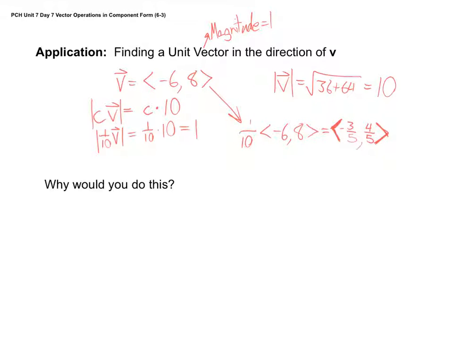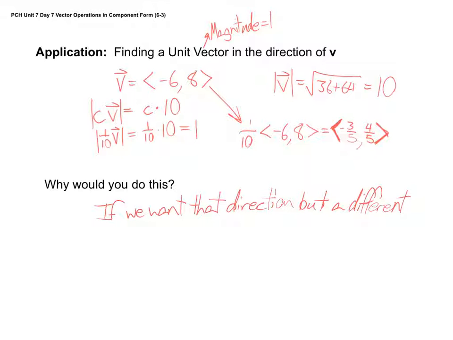Wait, say that again. Why are you multiplying by 18? Okay? If we want that same direction, but a different magnitude, okay, we can divide first, or multiply by 1 over the magnitude to get it equal to 1, and then we would simply multiply by the magnitude we want.